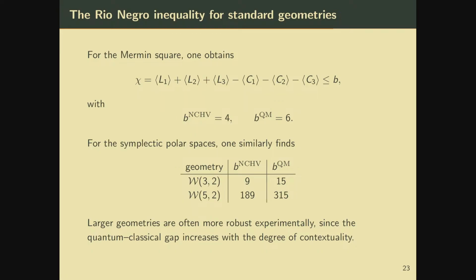And if you go to the 3-qubit polar space, then your number of contexts is 315, and that's the optimal bound you can reach. But the classical bound is 189. So the larger geometry will offer a more robust experiment because the gap gets bigger and bigger.